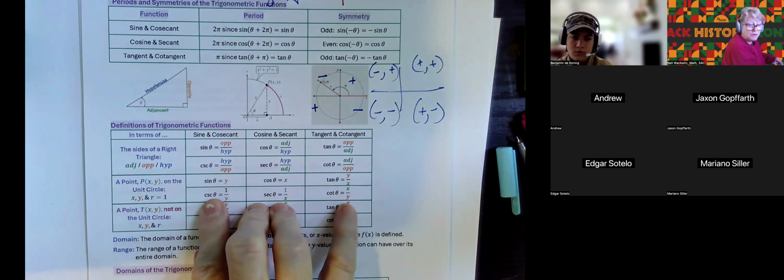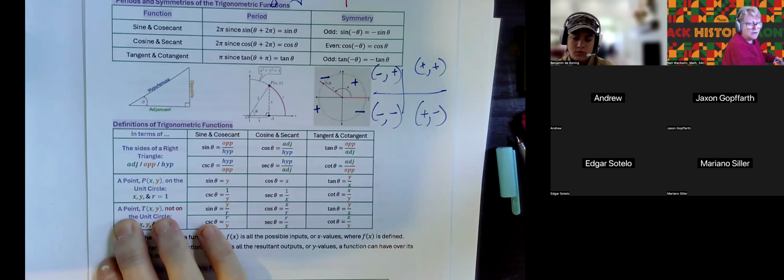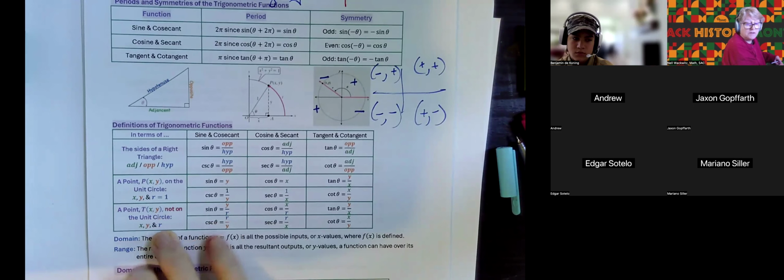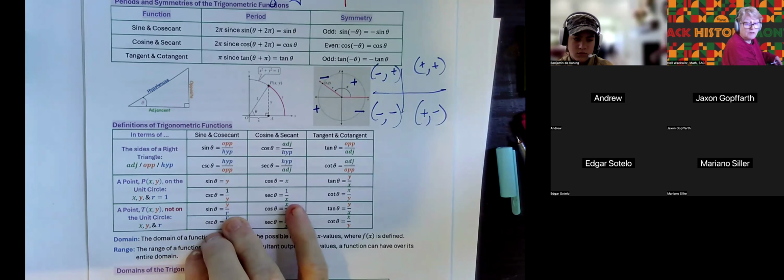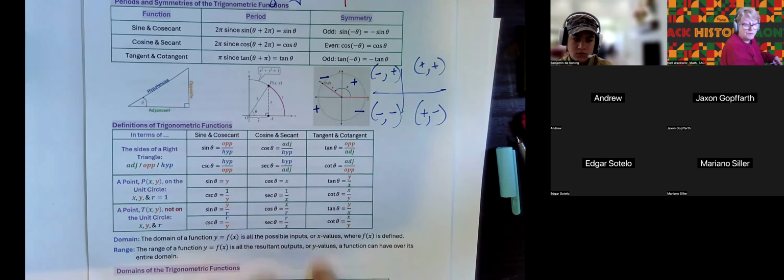Then we have our 3 reciprocals. Using a point T that is not on the unit circle, if T is a distance of r from the origin, then sine is y over r, cosine is x over r, tangent is y over x, and then the 3 reciprocals.